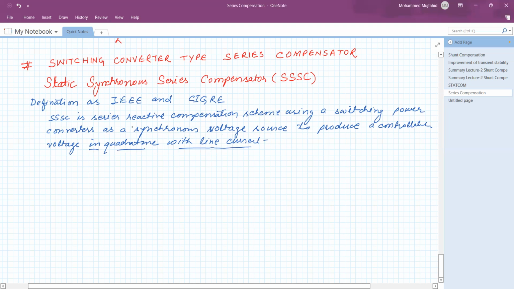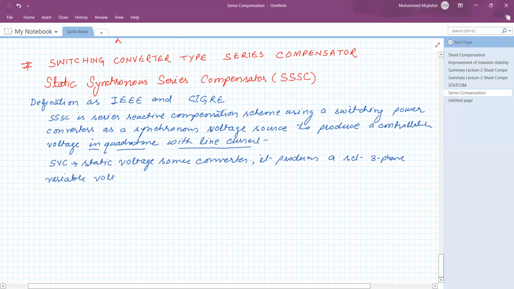So what is the SVC? SVC is the static voltage source converter, which produces a set of three-phase variable voltage by a static electronic circuit.